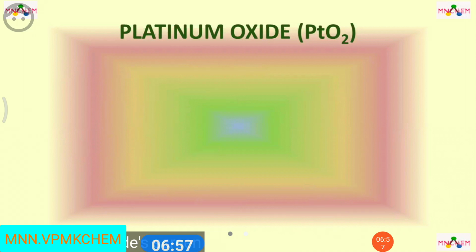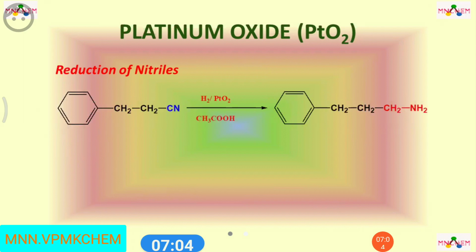Next, use of platinum oxide for reduction of nitriles. Here, the nitriles get reduced to the primary amine. It is depicted in this example. You can see the nitrile CN here gets reduced to CH2NH2.